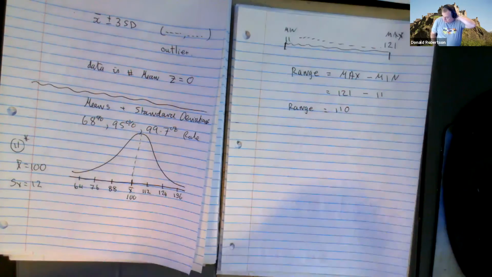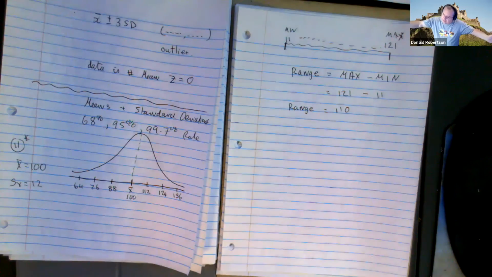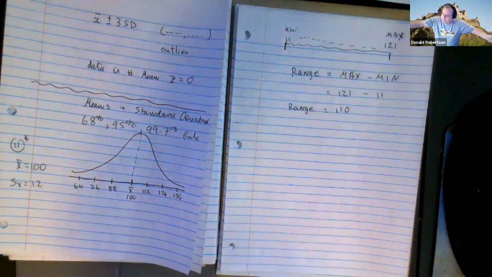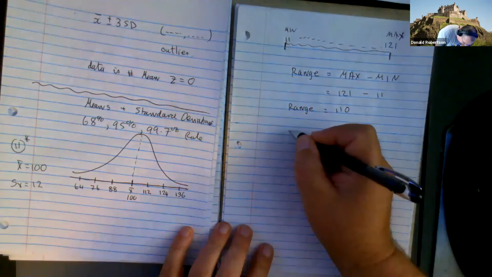Are you comfortable with how you calculate what's called the range? It's just the difference. You probably in English say, oh, the range is 110. That tells you from start to finish there are 110 possible numbers. You can use a little formula that says this.